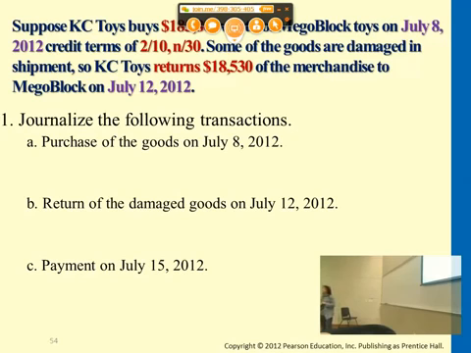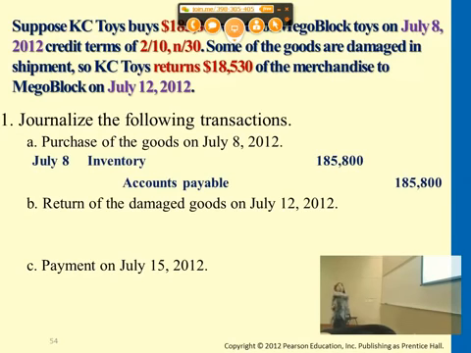Would we debit inventory? If you see credit terms, that gives you a hint that this is not a cash entry. So if it's not cash, we're purchasing something on account, so it will be a liability, and specifically accounts payable.